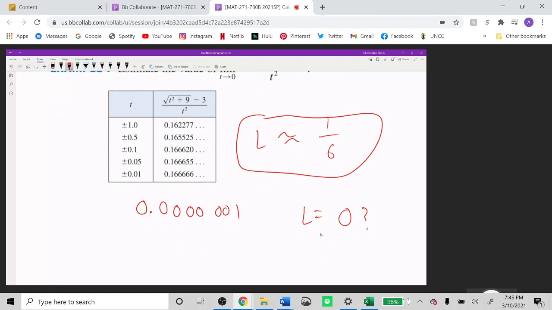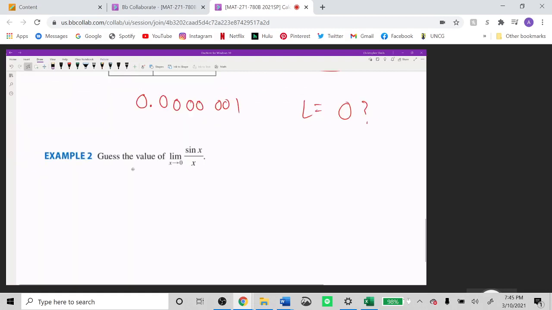Now, you can't just plug 0 into this function because it's not defined when x is equal to 0, because we'd be dividing by 0. We could create a table here. We could also go to Desmos and try graphing this, and see how this function behaves as x gets close to 0.